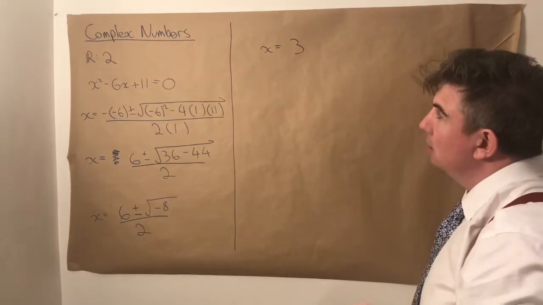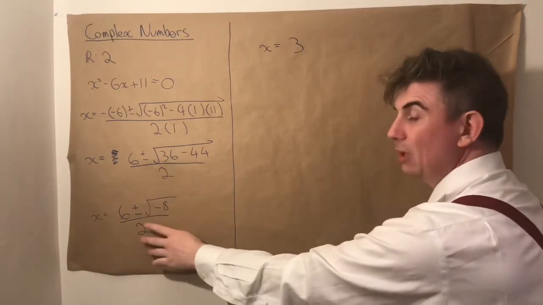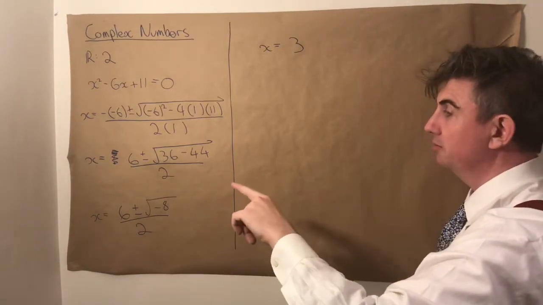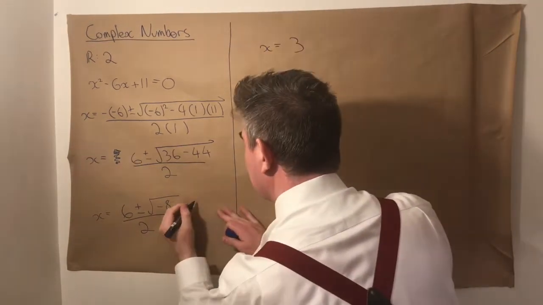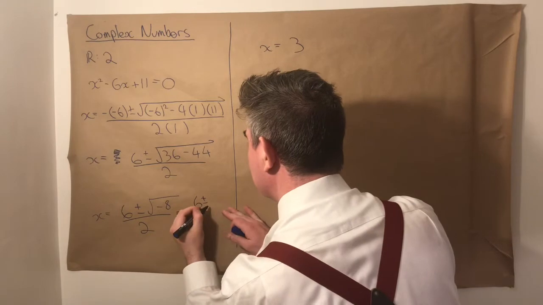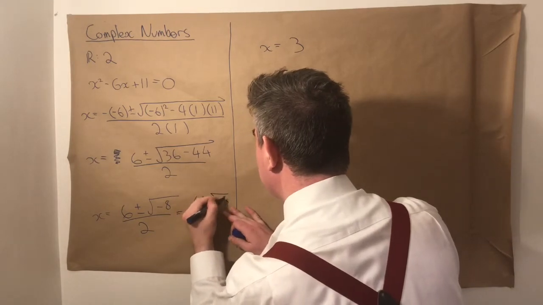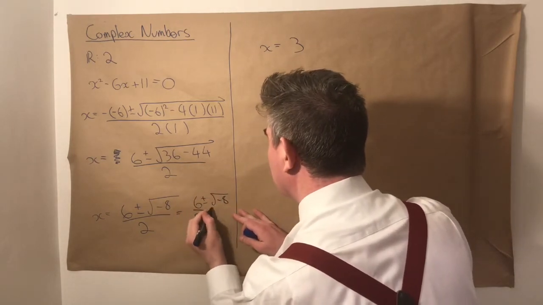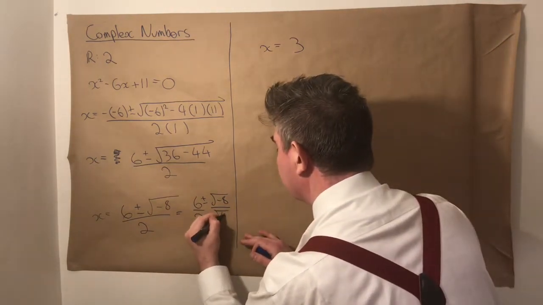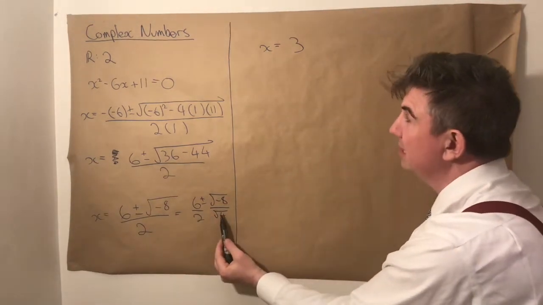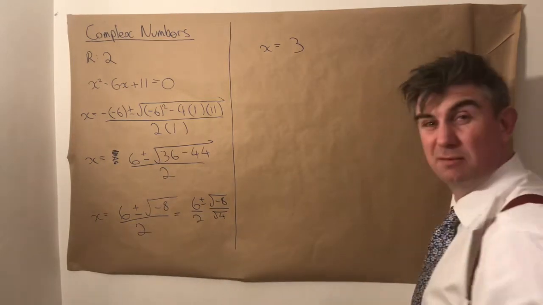But 2, well, that's the same thing as the square root of 4. So that's the same thing as 6 plus or minus the square root of minus 8, all over 2. And I'm going to put this guy here all over the square root of 4. So the square root of 4 is exactly the same thing as 2, right?